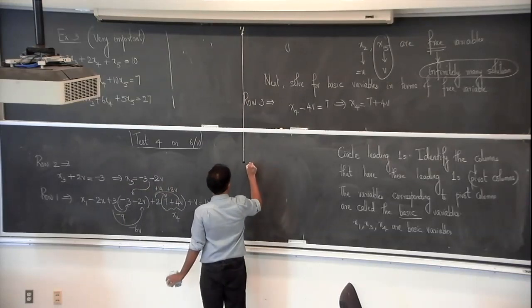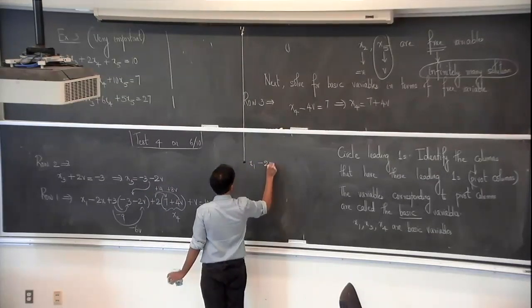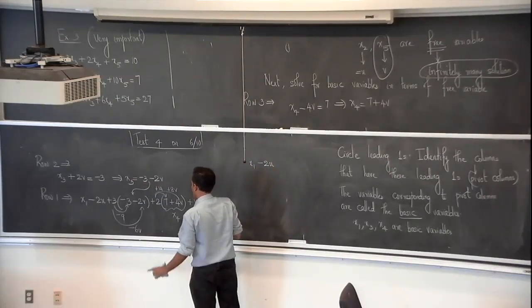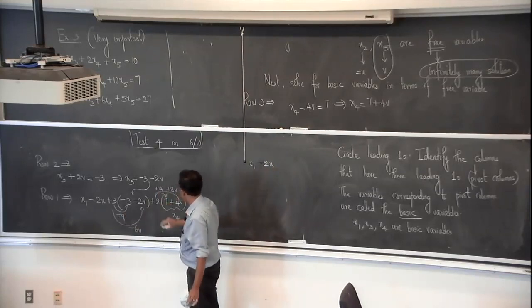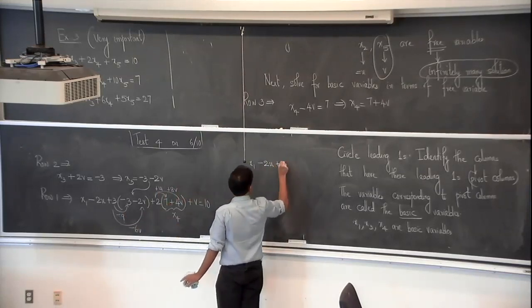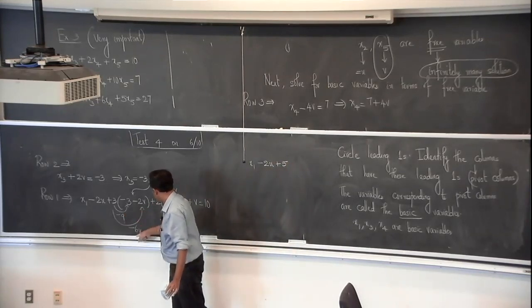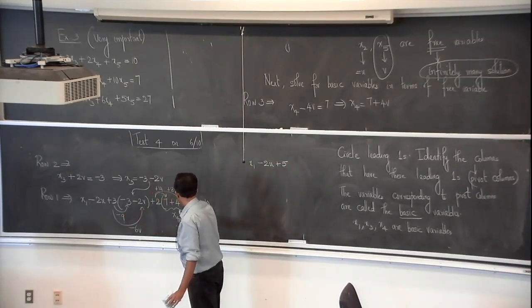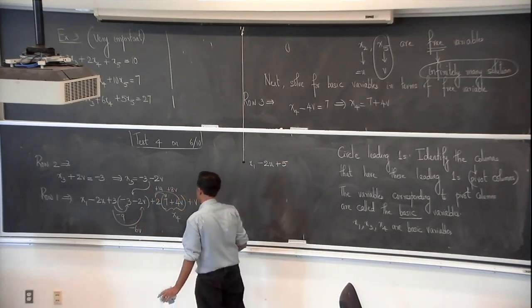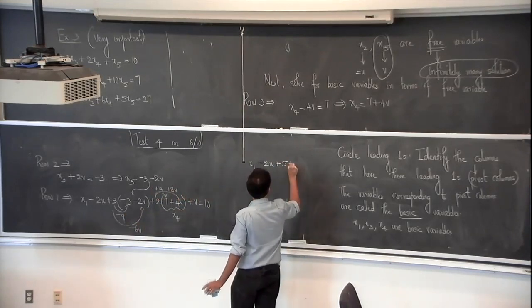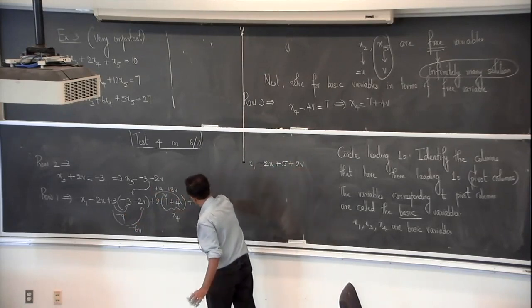So we have x1 minus 2u. You have minus 9 plus 14, which is plus 5. Then you have a negative 6v plus 8v, which is plus 2v. And then you have a plus v here.